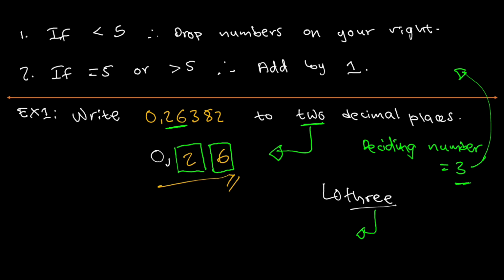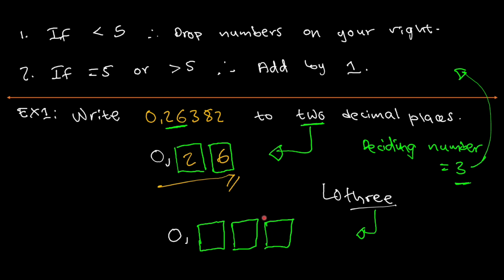I'm going to go ahead and write 0, comma, and put 3 blocks, because my question says to 3 decimal places. So this is block 1, block 2, and block 3. Now I need to populate these 3 blocks.